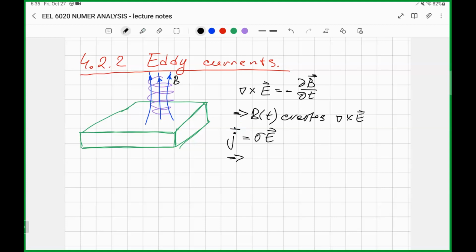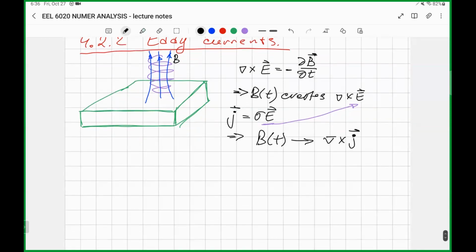And hence, if I, for example, isolate electric field from this formula and plug into this one, I come to the conclusion that the changing of the magnetic field in time creates the curl of electric field, creates curl of current, and this curl of current is, of course, orthogonal to the magnetic field and proportional to the conductivity of the metal.